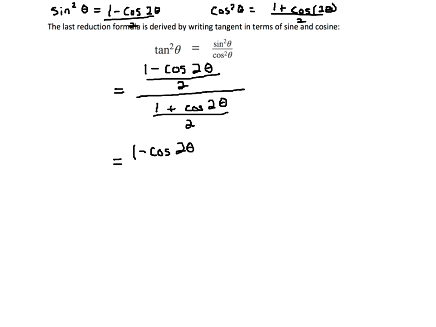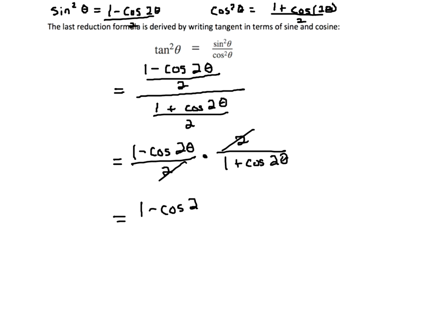So 1 minus cosine 2 theta over 2 times the reciprocal, 2 over 1 plus cosine 2 theta. My 2's divide out, and I end up with tangent squared theta equaling 1 minus cosine 2 theta divided by 1 plus cosine 2 theta. That's it.